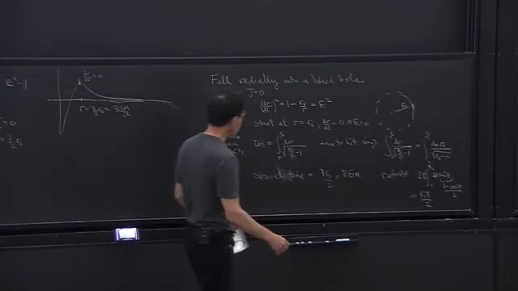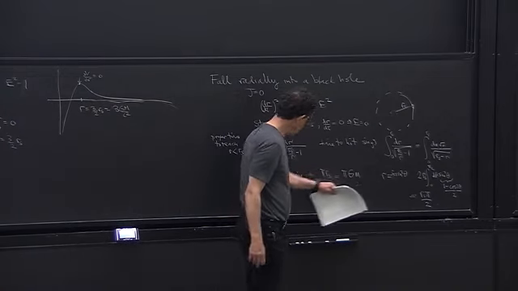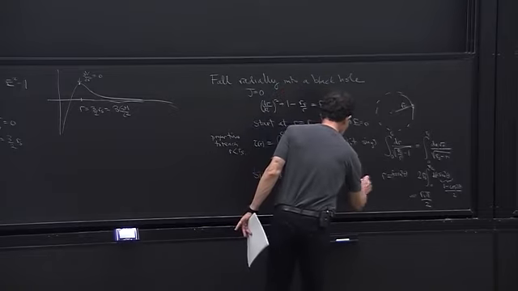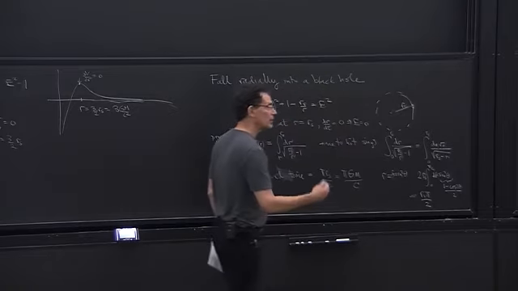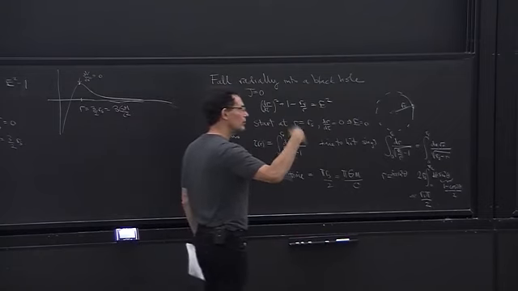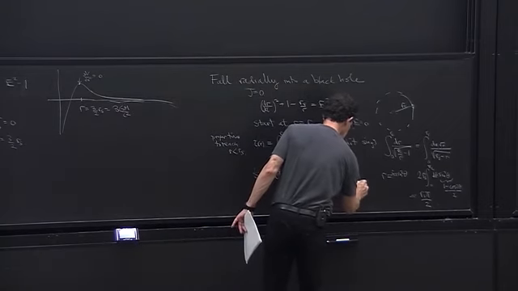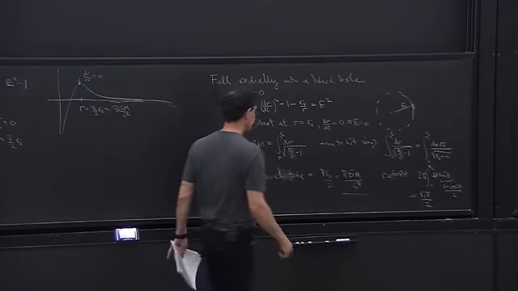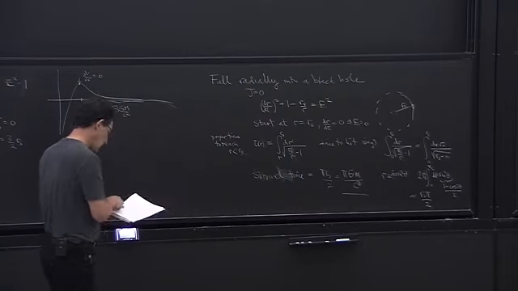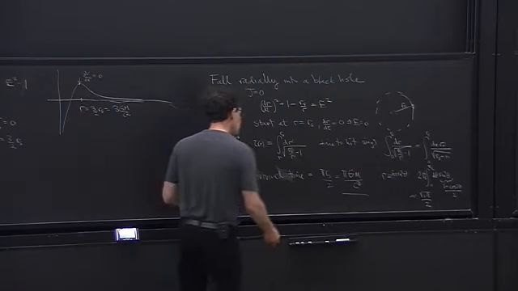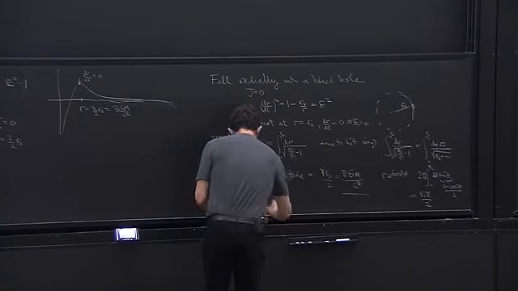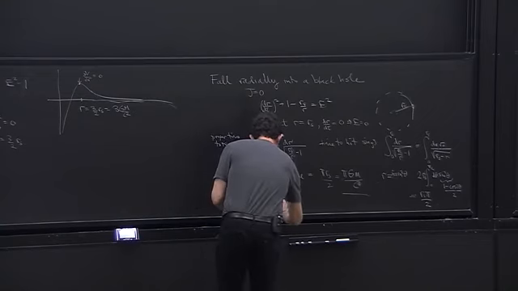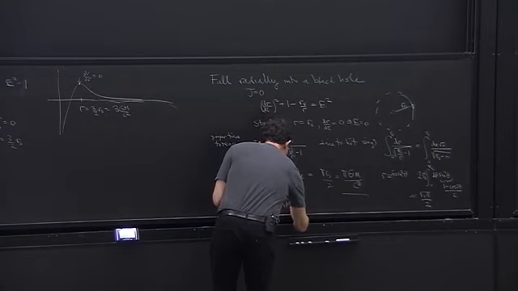Okay, and if I want to restore units, this is a time. So the radius would be GM over c squared, but then if I take the radius and divide it by c, I get a time. So it's GM over c cubed. And so you put the numbers in, this is 10 to the minus 5 times the mass over the solar mass, in seconds.